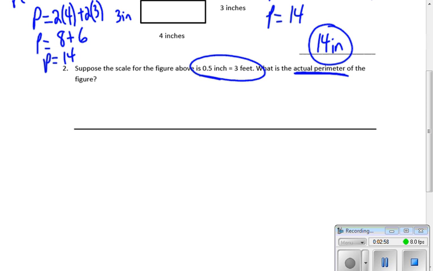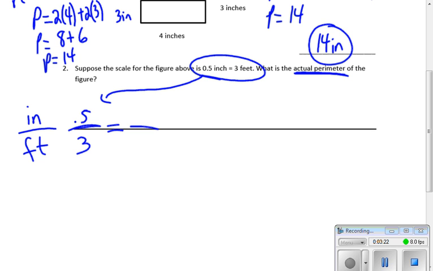So I know that I'm going to use my unit ratio, inches over feet. A lot of you have been writing that down now, which is good, and a lot of you have told me that it helps. Now I'm going to fill in the first fraction, 0.5 over 3. That's right from the scale. Equals, make sure you put the equal sign.